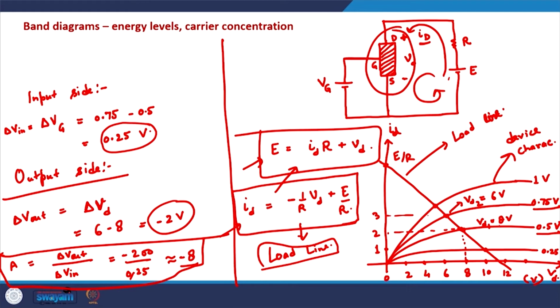So only a small change here, only a small signal here, is actually reflecting as a large signal here, and that is the amplification mechanism, that is very qualitatively the amplification mechanism of the transistors, especially the field effect transistors. And obviously proper DC biasing conditions need to be maintained.